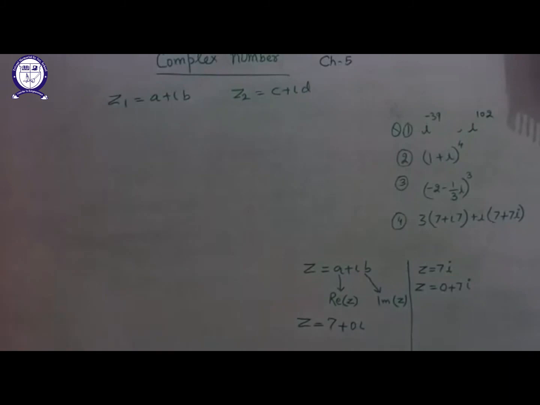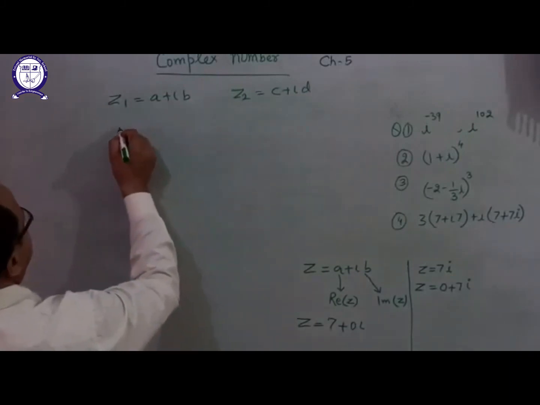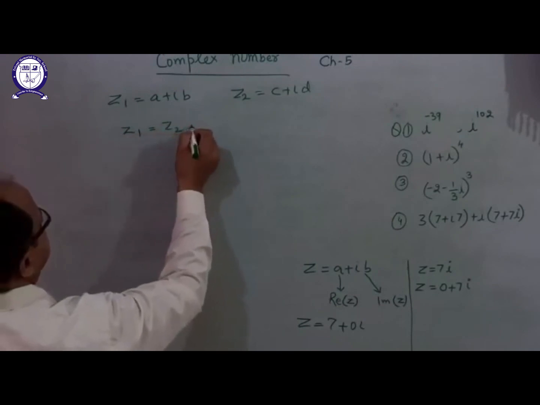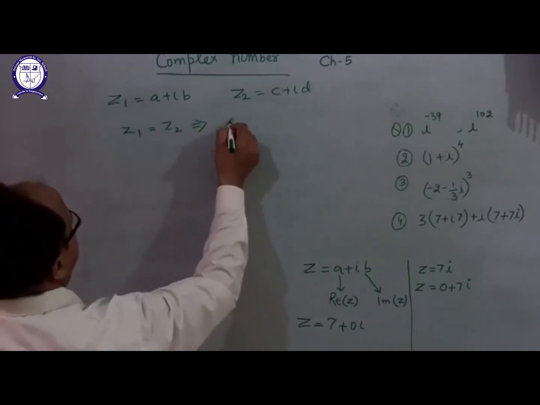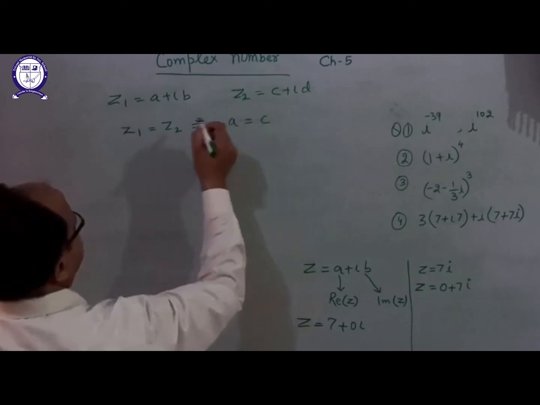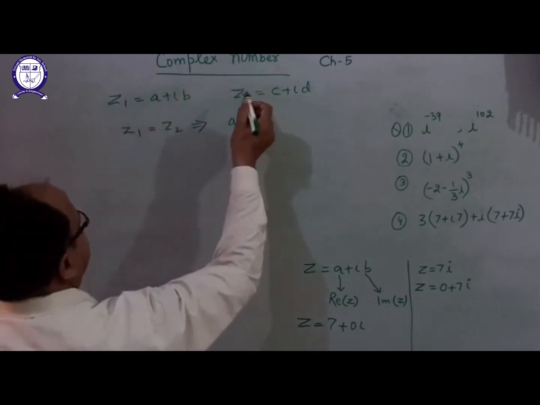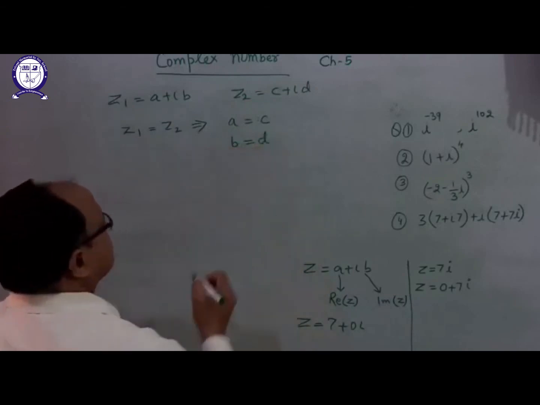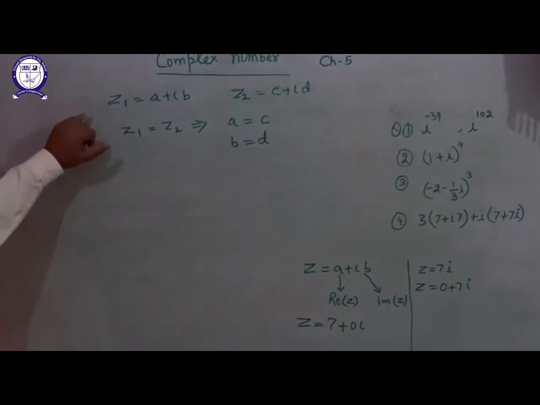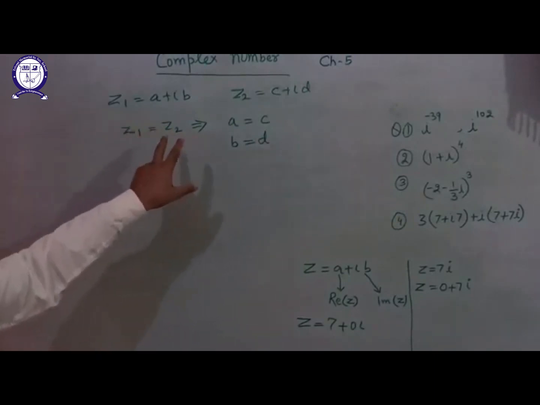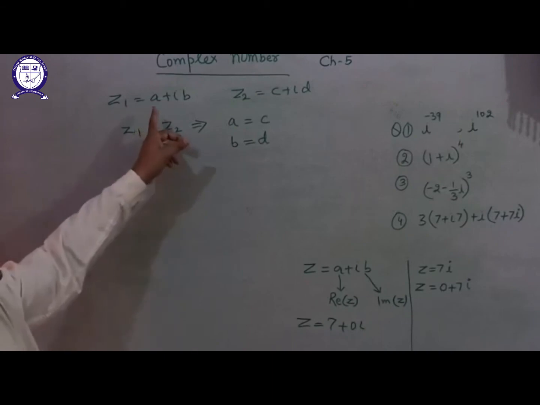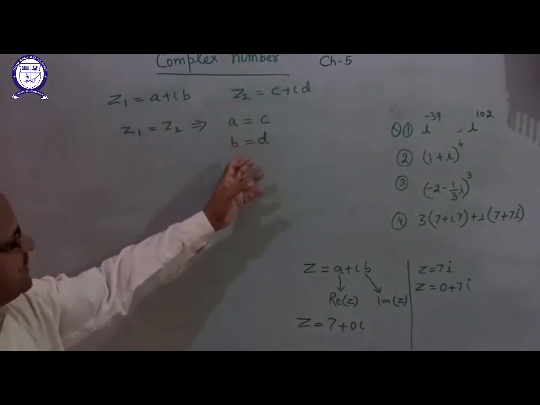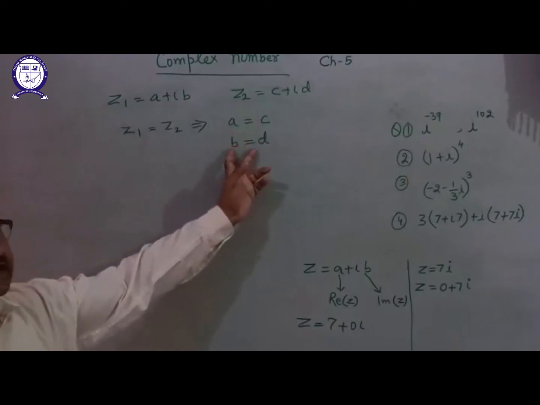When you compare z1 is equal to z2, it is possible only when a is equal to c, real part equal to real part, and b is equal to d. This is the property of complex numbers. Two complex numbers are equal only when their corresponding real parts are equal and the corresponding imaginary parts are equal. That is the property. Clear?